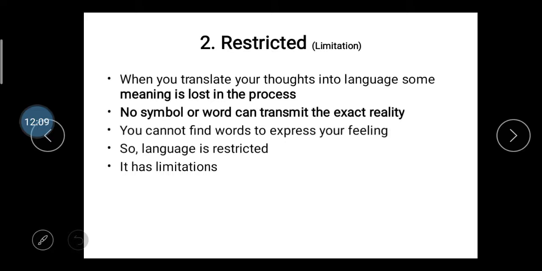Sometimes symbols and words cannot convey the right information to the receiver. You cannot find the words to express your feelings. So language has a limitation: you cannot translate all your thoughts into language. It is a restricted communication tool.